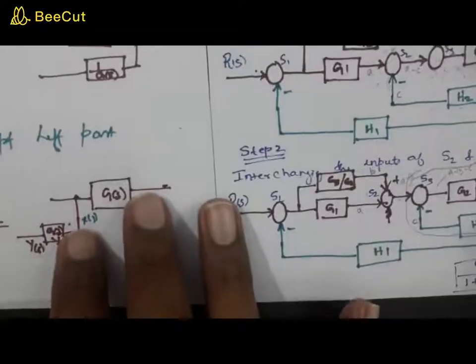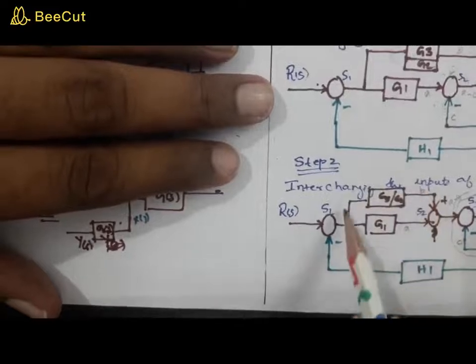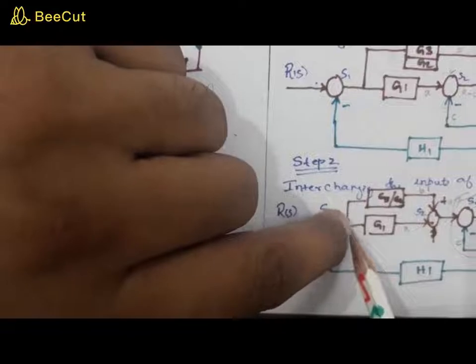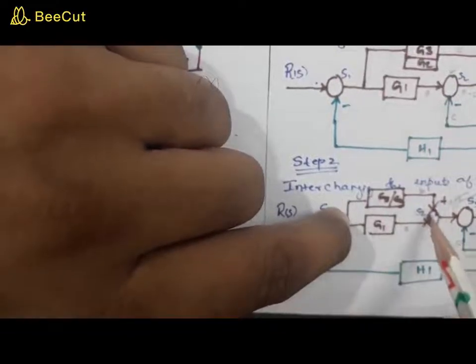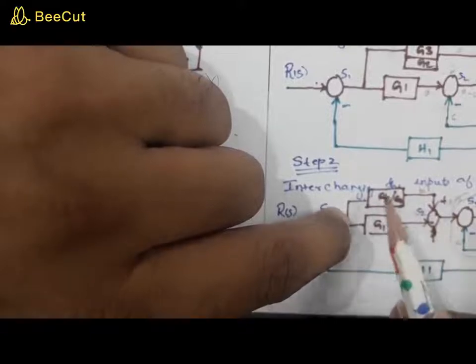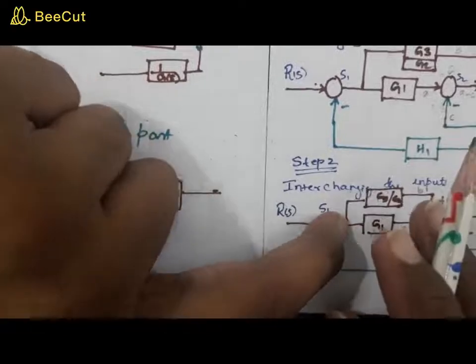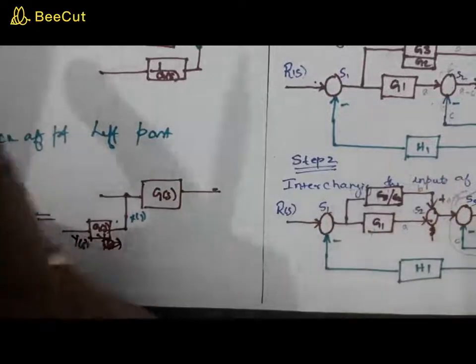One more thing to be noted: in the forward path, I told you that this is a common point from where these two blocks go, and they meet again at S2. We learned in the previous video what this is equivalent to: blocks in parallel, right?